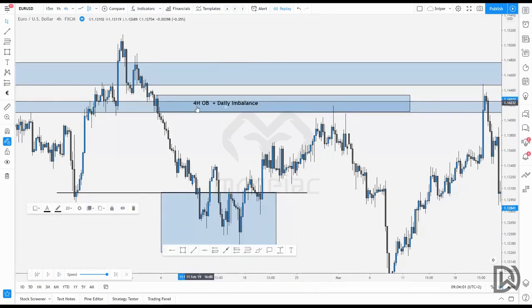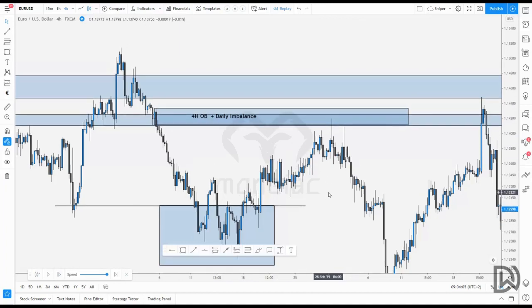So now already the odds are stacked in our favor, and we can see how price came into that darker highlighted area.